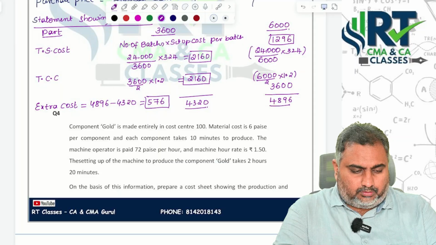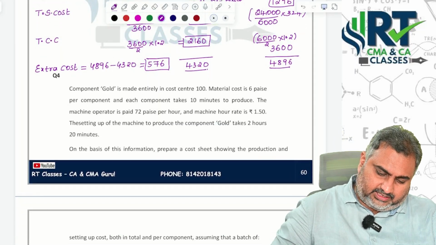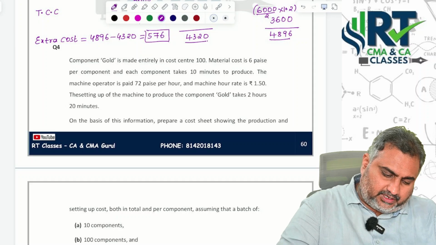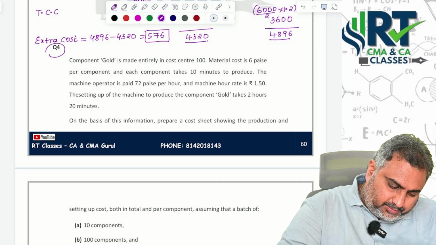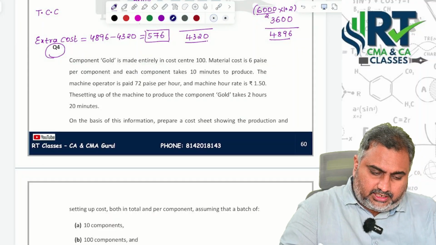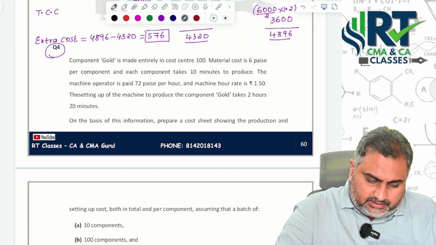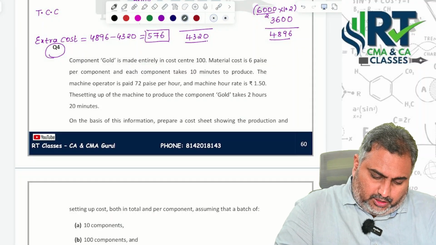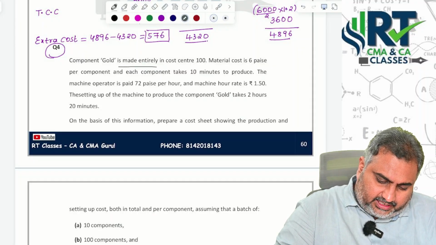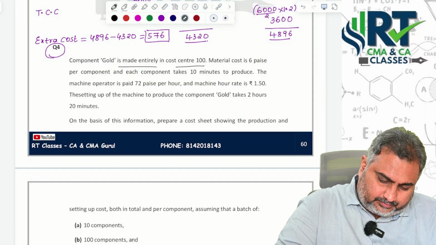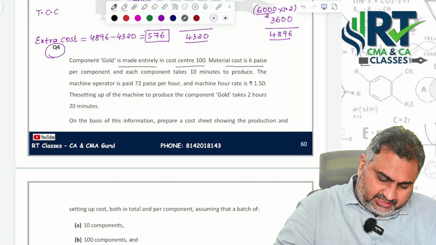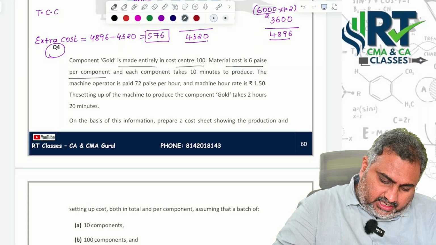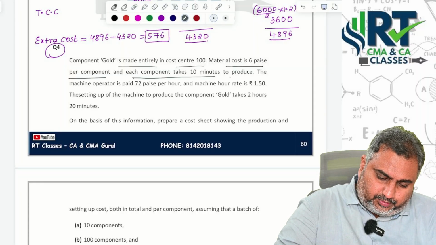Okay, now move to our next problem. This is a different question. Even if you check the previous examination question, it was there. So concentrate. Component gold is made entirely in cost center 100. Material cost is 6 paisa per component and each component takes 10 minutes to produce.